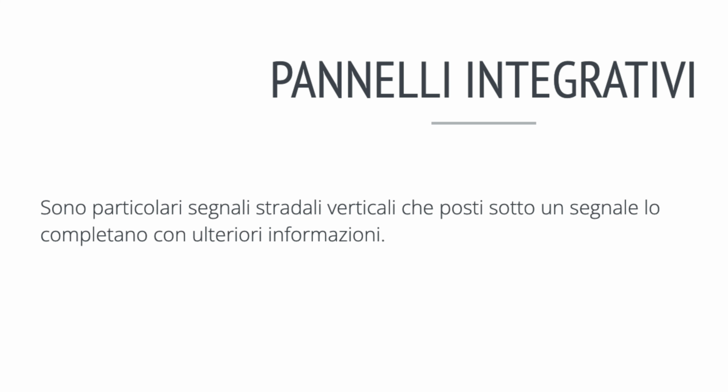Pannelli integrativi sono particolari segnali stradali verticali che posti sotto un segnale lo completano con ulteriori informazioni, which means these are signs placed under other signs to give necessary informations on the road.